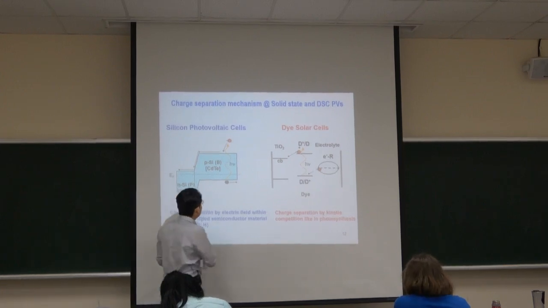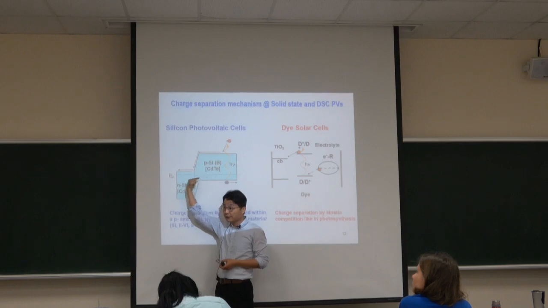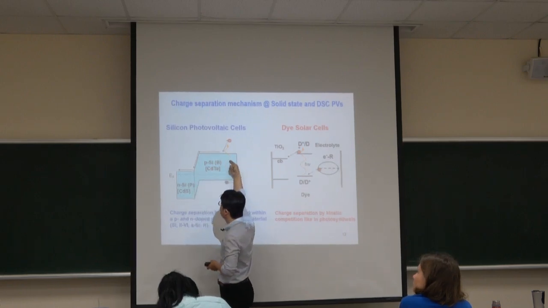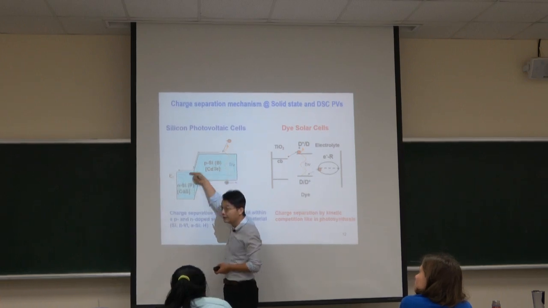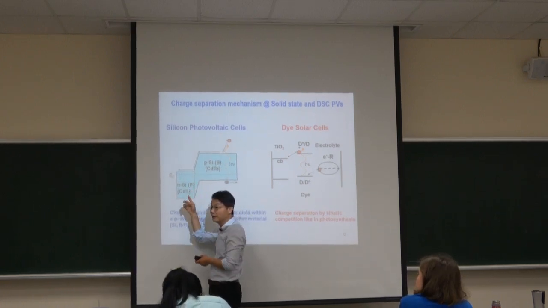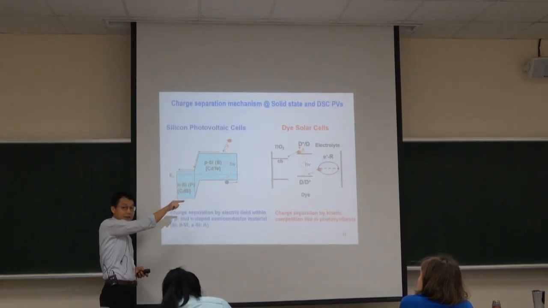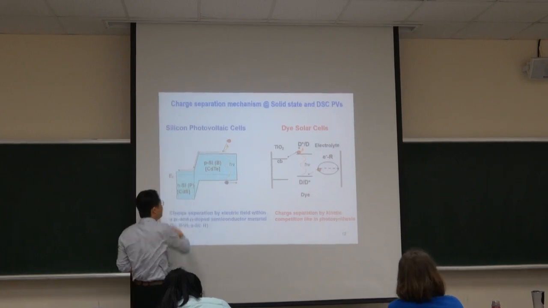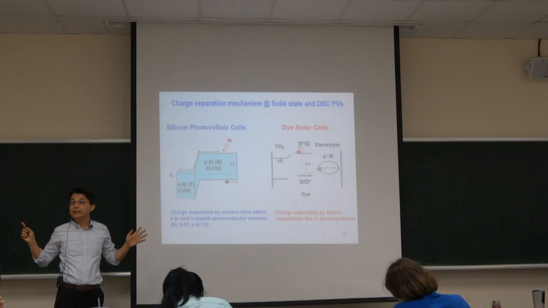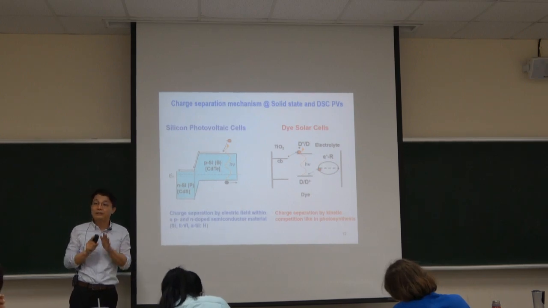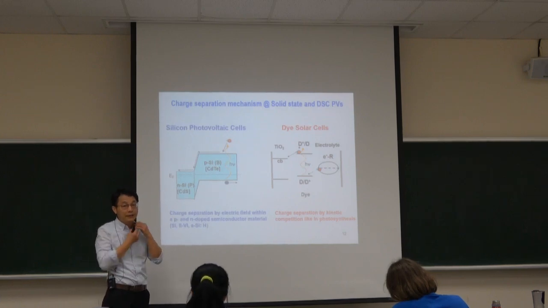This internal electrical field points in this direction, so the electron can flow this way. We already discussed that. All thin film solar cells, as solid state photovoltaics, have the same working mechanism.